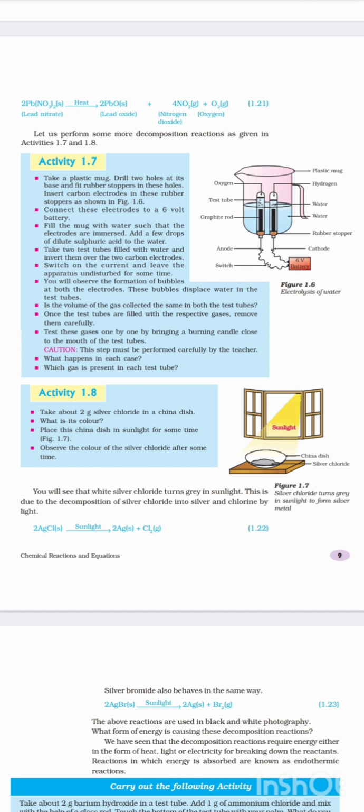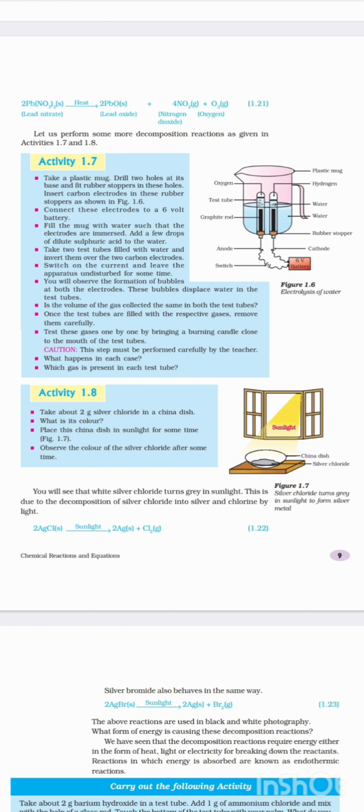Why? This silver chloride in the presence of sunlight gets converted into silver and chlorine, that is, Ag plus Cl2. So here energy is provided in the form of sunlight, that is, photochemically.